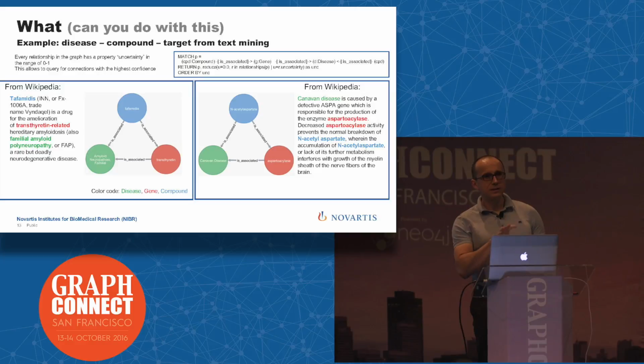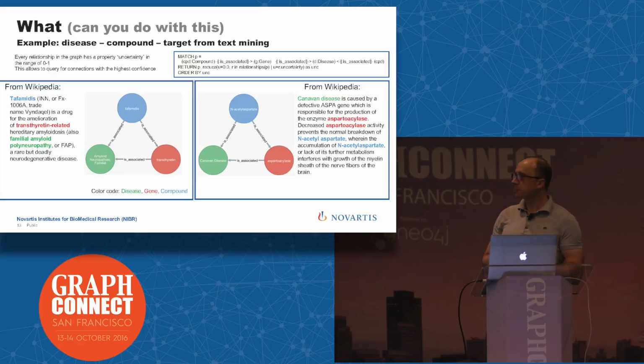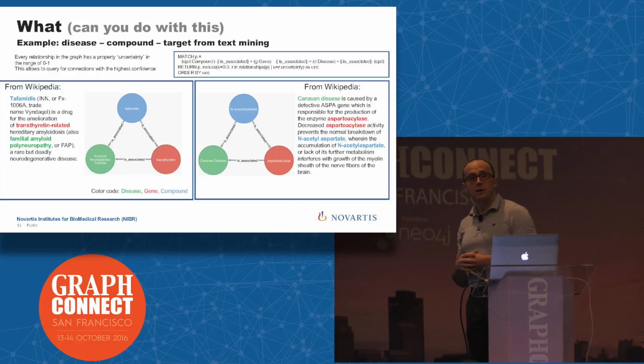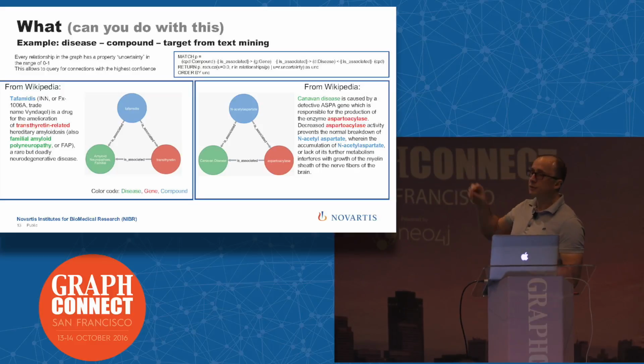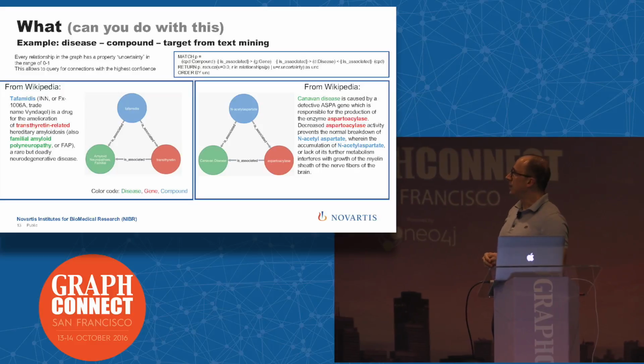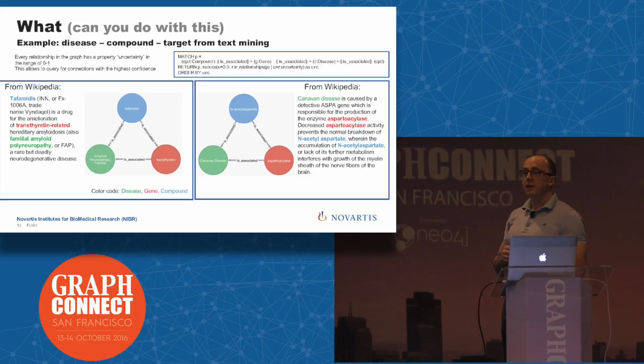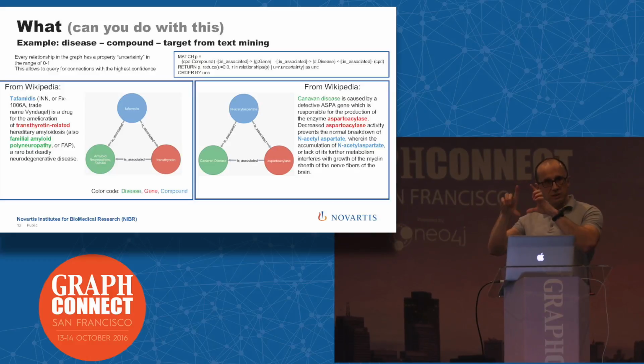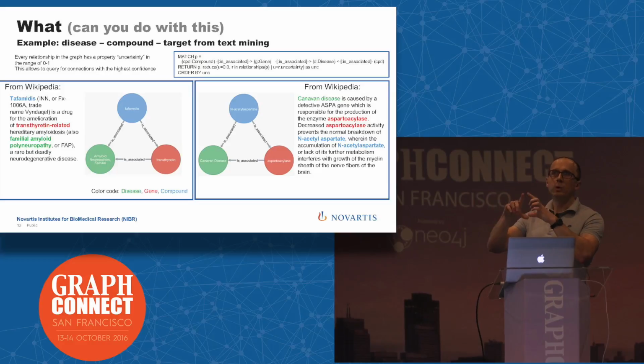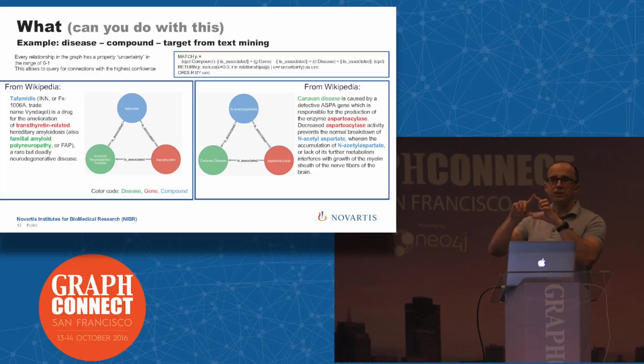This is taken from the Wikipedia page about tafamidis, and one of the first sentences states that tafamidis is the drug that is used to treat these amyloid polyneuropathies, and it's caused by a transthyretin-related hereditary amyloidosis. So this is one way of validating that with this association, we capture this.